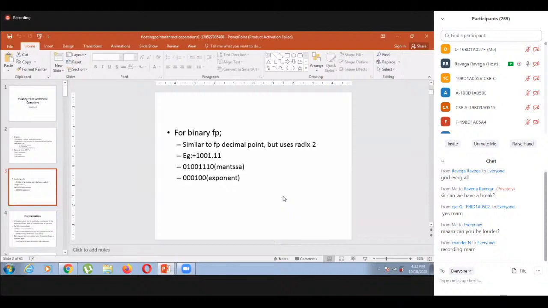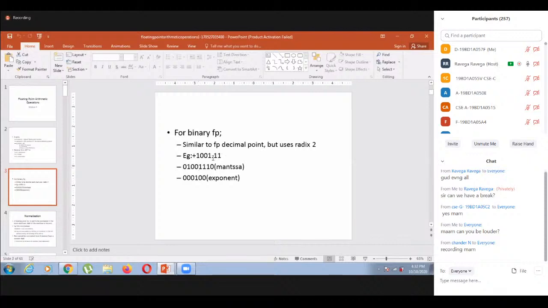Next we are going to explain floating point binary numbers. The floating point binary number is 1001.11. Here the mantissa is represented as 8 bits.